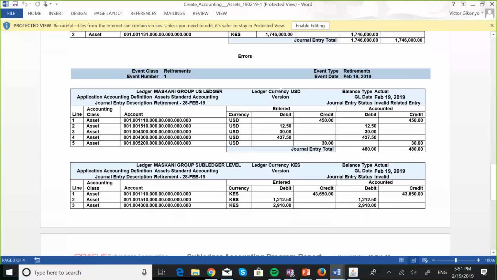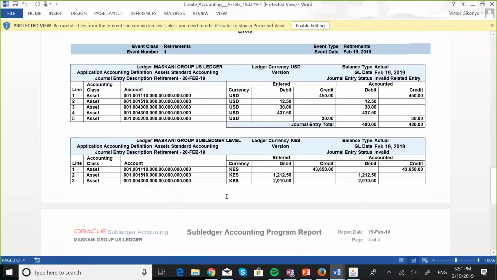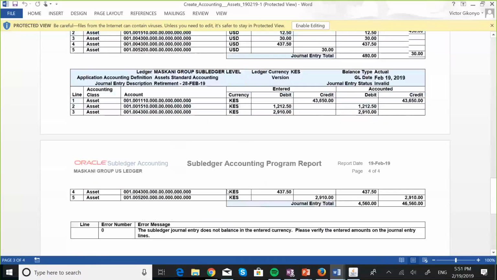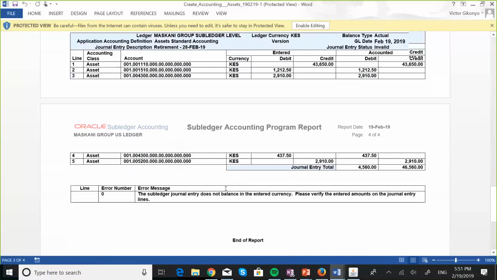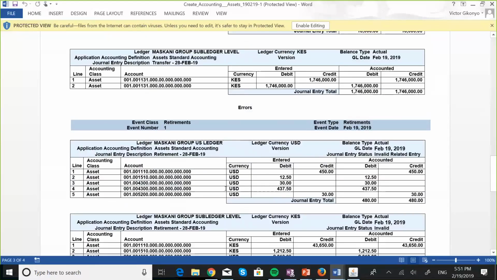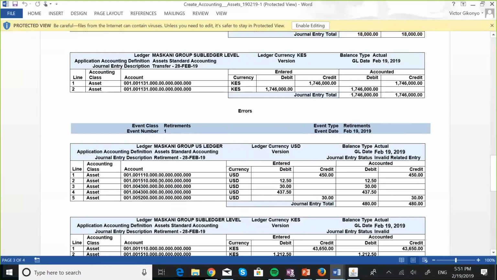So that's why we are not seeing that side of the transaction, because we're only looking at the accounting created by assets. But as you can see, that is the accounting created as we expected. In this part, balanced okay. This reporting currency ledger part had a few problems, and apologies for that inconvenience. But we were able to look at these entries, and this should serve our purpose.